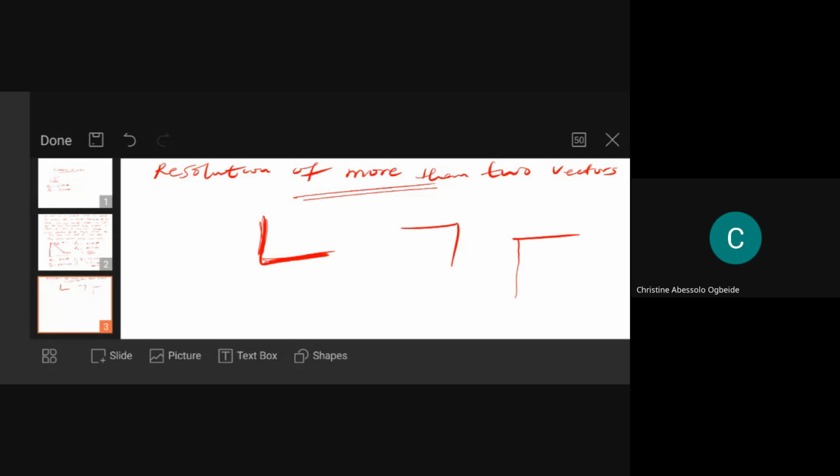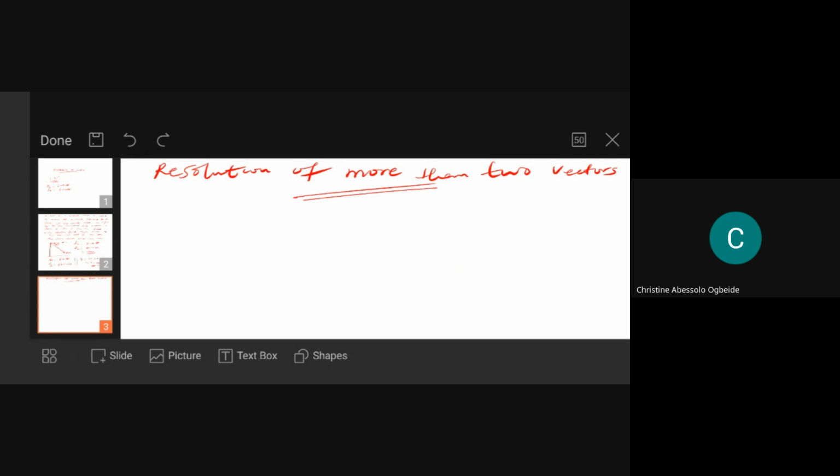So it doesn't really matter how the direction faces, because the parameters given to us will determine the shape of our resolution. But the idea is that we have to resolve all the forces into two perpendicular directions, just like I've explained.